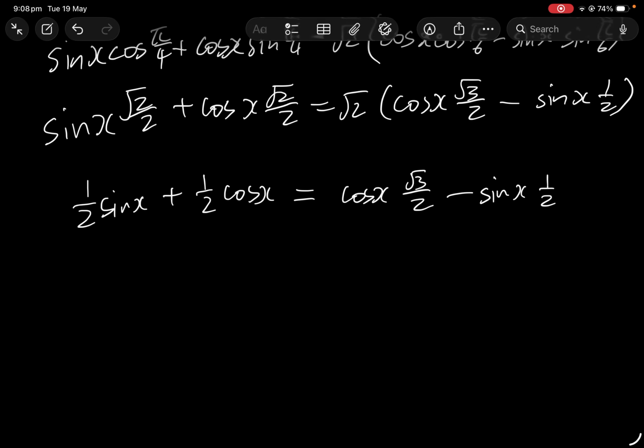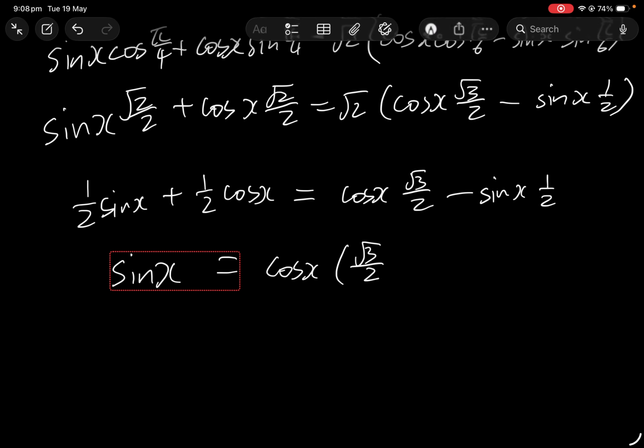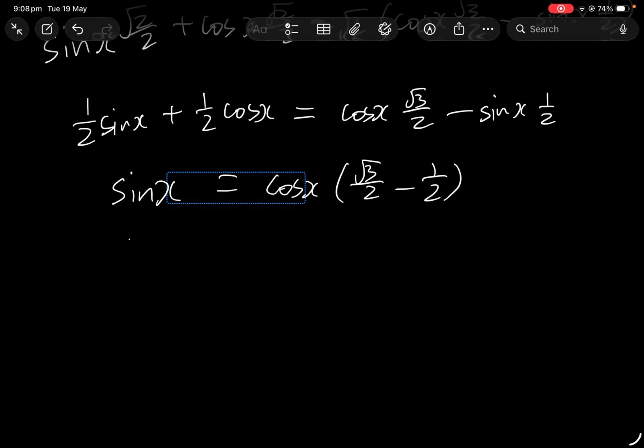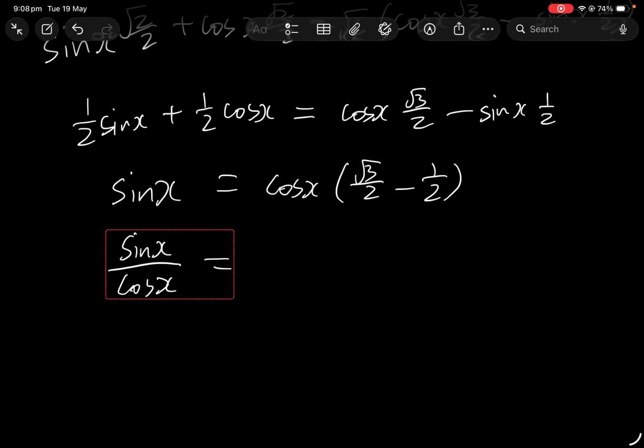That just makes sine x equals cos x times square root 3 over 2 take 1 over 2. Yep, and we can move that to that side, so that's sine x over cos x, and that's just tan, so we do want that. So that's square root 3 take 1 over 2.